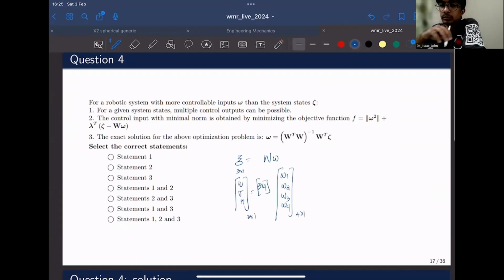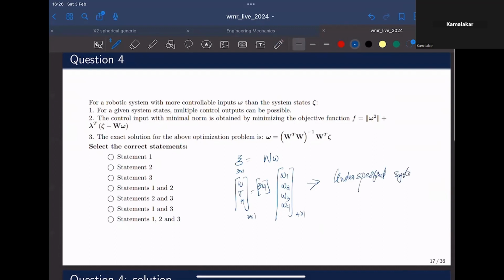Okay, is it not clear, or do you simply prefer not to answer? Anyway, if the number of unknowns is more than the number of equations, it's obviously an underspecified system, right? So we are dealing with an underspecified system. And for an underspecified system, just like what we have done, it can have multiple solutions.